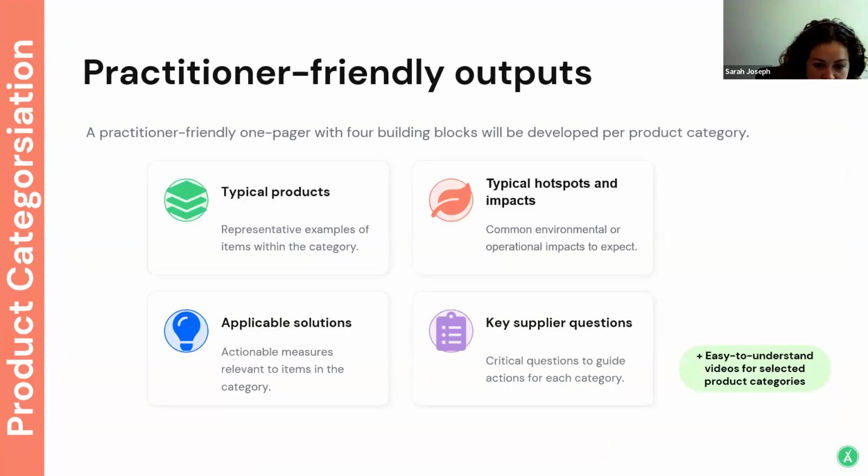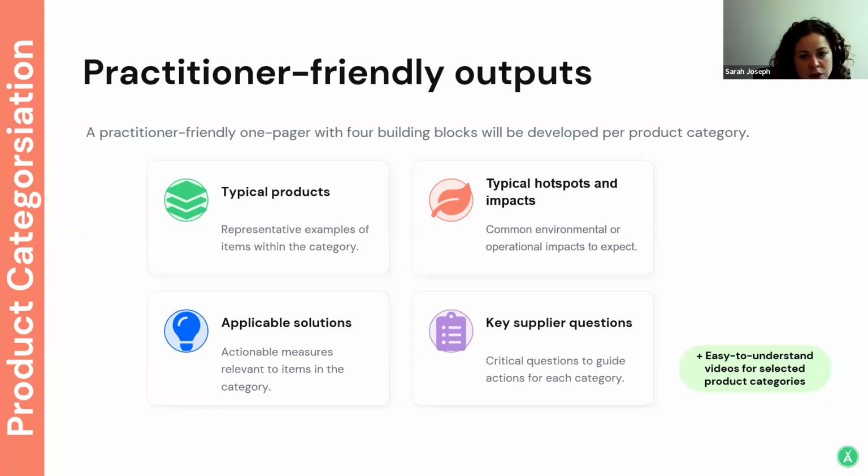And in the end, what we would like to have is practitioner-friendly outputs. The goal of this is to take a very large existing knowledge base and distill it down so that it's easy to use for practitioners and for those who don't necessarily have expertise in life cycle assessment and environmental accounting.